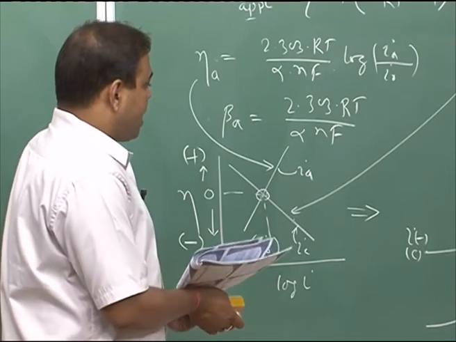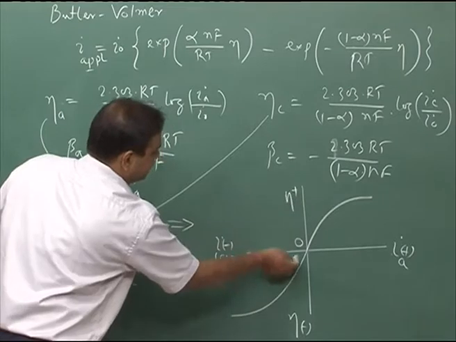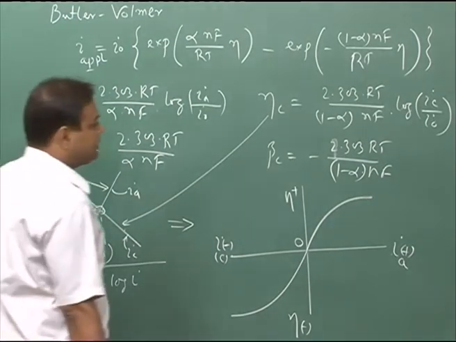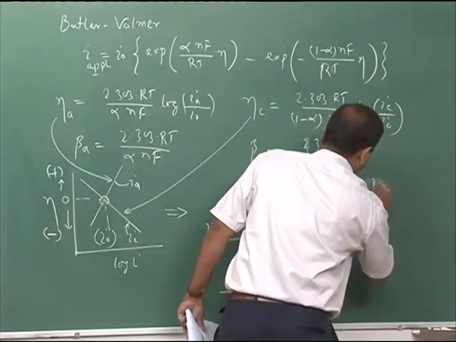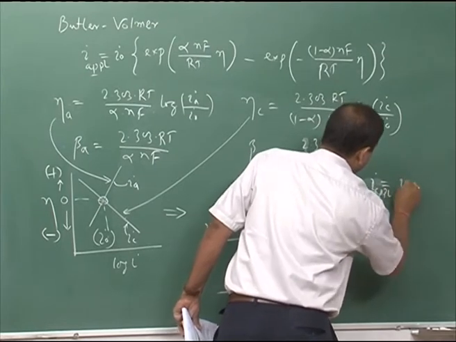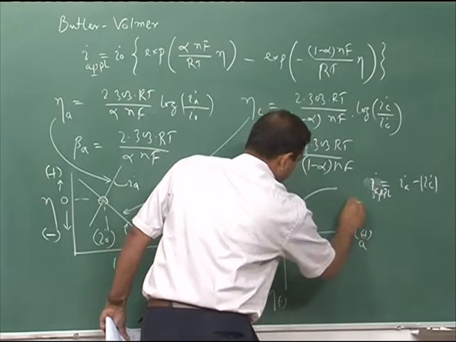Now, how would we see? It is fine that we have anodic and cathodic polarization, but how would we find out what is the I 0? As we know, at higher overvoltage, the applied current I would be equal to I A minus I C if we consider this side.